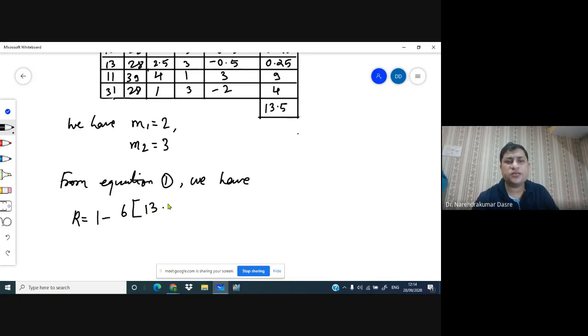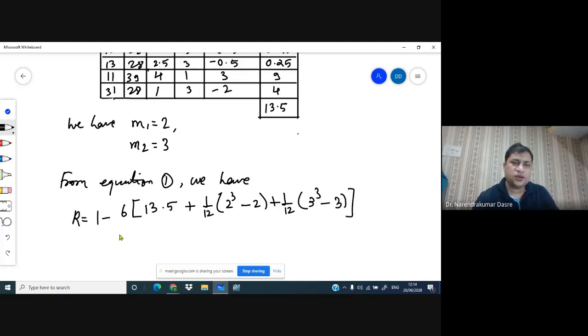It is going to be 13.5 plus I'll be having 1 by 12. Okay, the first term I'll be having 2 cube minus 2, plus the second term I'll be having 3 cube minus 3. Okay, and then this term divided by 6 cube minus 6.